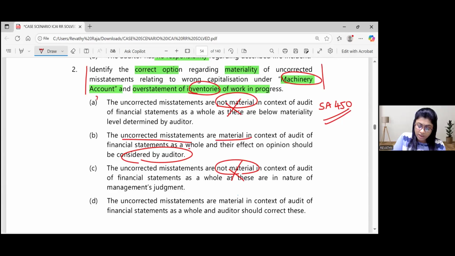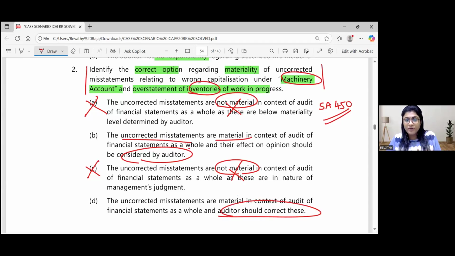So it's not A or C, B or D option. See, the auditor should not correct this. We can only say if they don't correct, we will give a modified opinion as per 705. We are not supposed to correct. So the answer is B, B for boy. I feel that's a good question. Mark it.